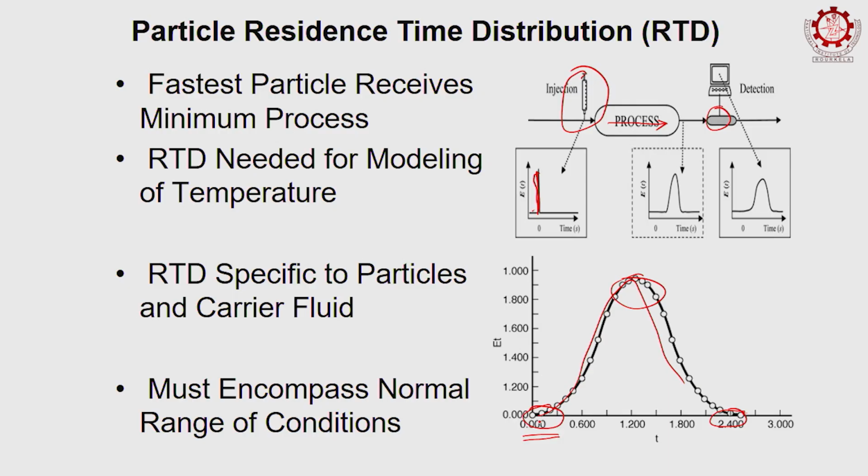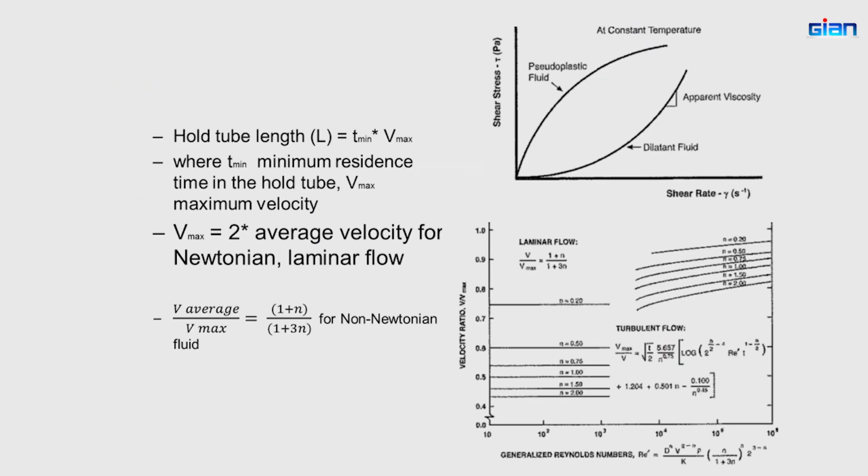And then I have to do this under normal conditions. In other words, if the industry is going to operate at 5 gallons per minute, these experiments need to be performed at 10 ml per minute, and then try to scale it up to those conditions.